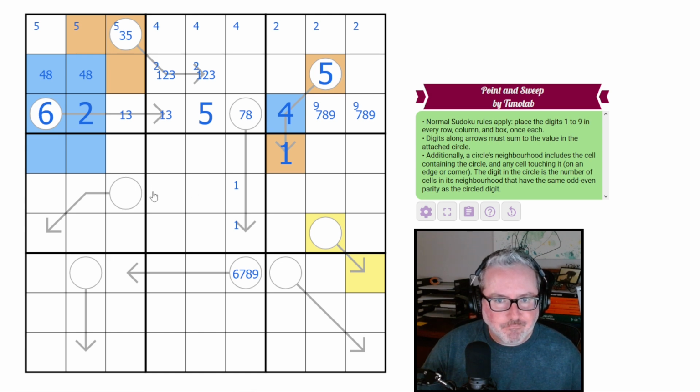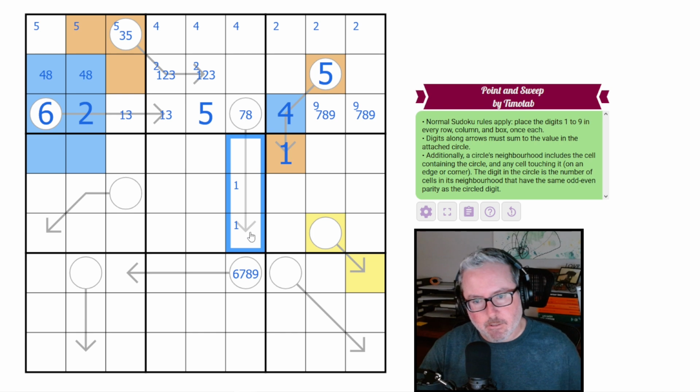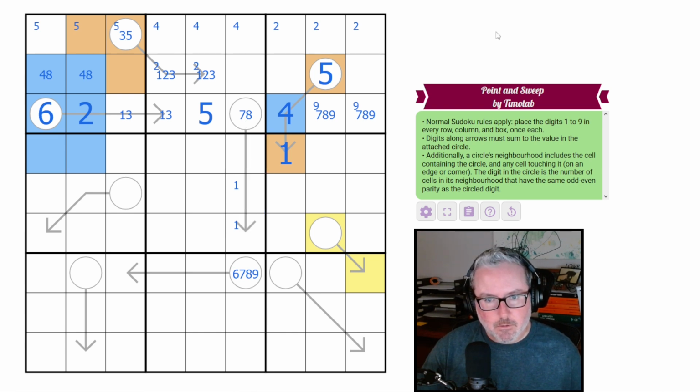What else? 6 doesn't really tell us much. The 2 we've already kind of used at the moment. I'm not really too excited about laying out the options of these guys because there's multiples. What else can we use?